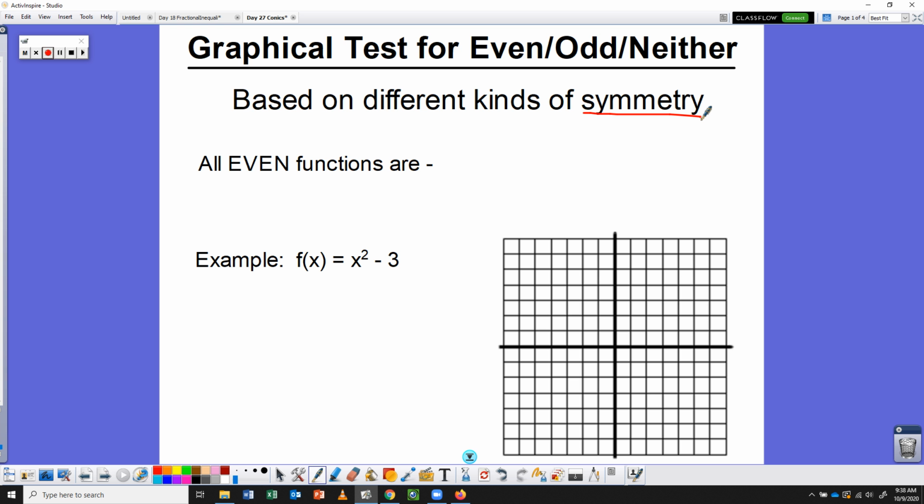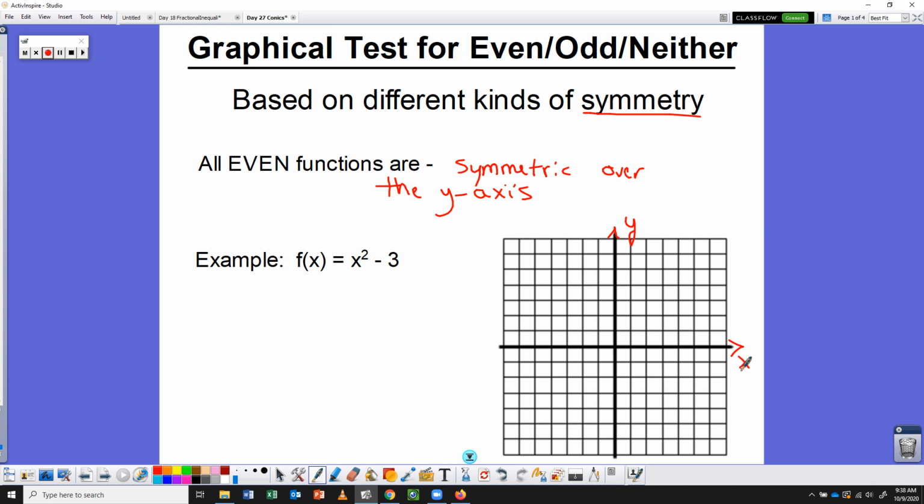So it turns out that all even functions are symmetric over the y-axis. So in other words, if you can fold your picture over the y-axis and the left and the right-hand sides match, then that's an example of an even function. So let's take an example, f of x equals x squared minus 3.